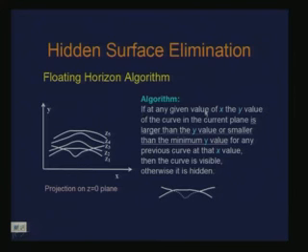You modify this and say that if at any given value of x, the y value of the curve in the current plane is larger than the y value, this is what it was earlier, or smaller than the minimum y value for any previous curve at that x value, then the curve is visible.